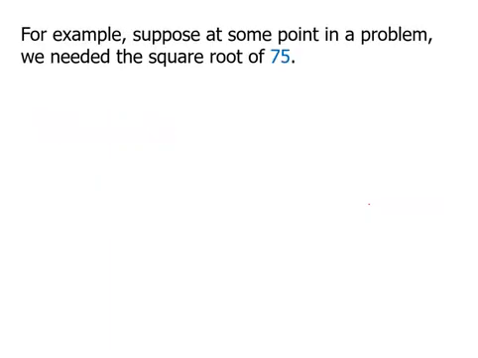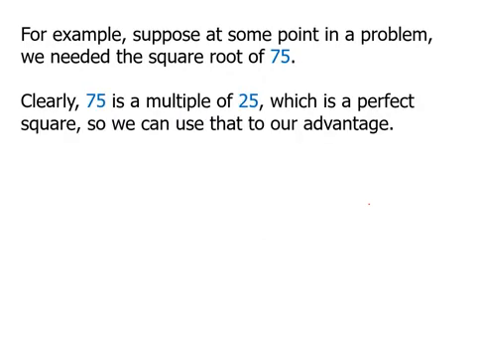So for example, suppose at some point in a problem we needed the square root of 75. Maybe the answer to the question is the square root of 75. Well, square root of 75 is not going to appear in the answer choices, but clearly 75 is a multiple of 25, and 25 is a perfect square, so we can use that to our advantage.